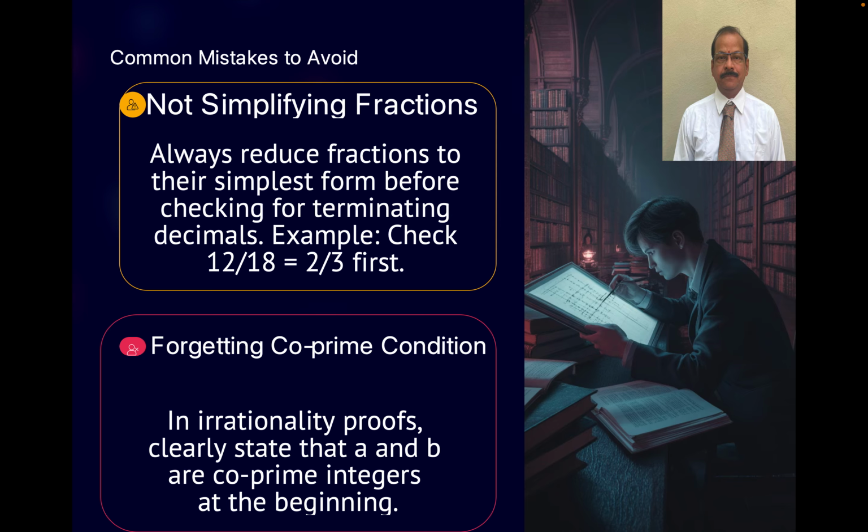It is a condition with which we started. When A and B are co-prime, the irrationality proof can be comfortably established. There we use this particular concept.